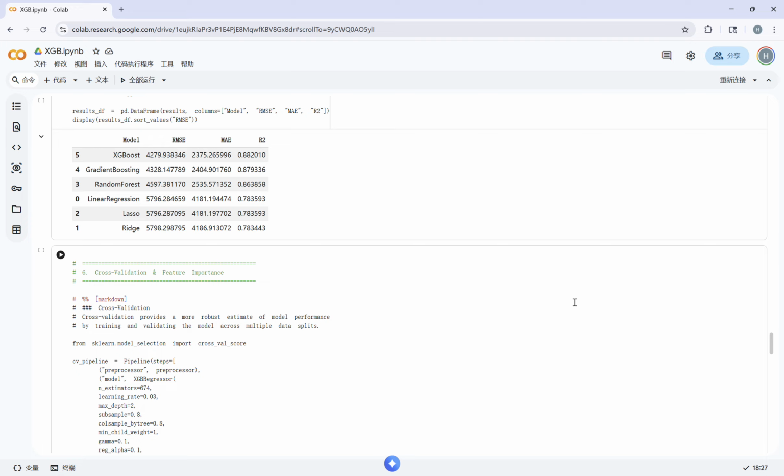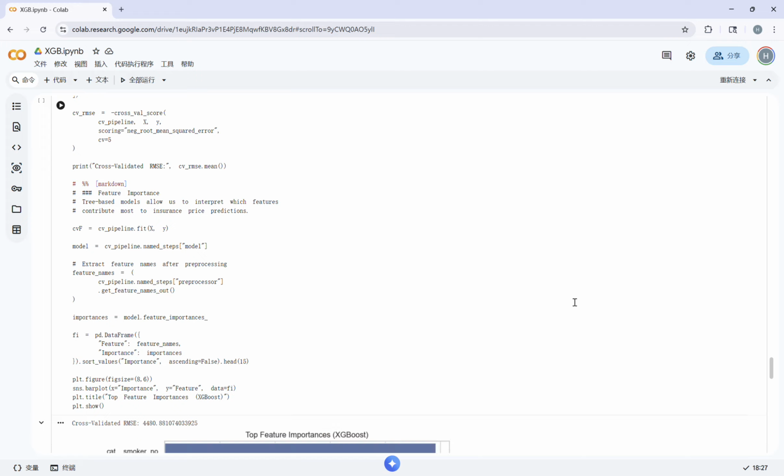We also examined the feature importance that XGBoost provides naturally through its tree structure. Feature importance shows which variables contribute most to reducing prediction error across all trees.